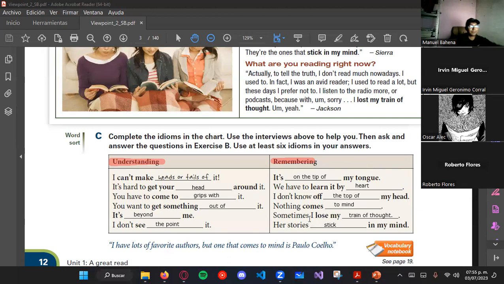Her stories stick in my mind. Se me graban en la mente, se me pegan en la mente. Que las recuerdo muy bien. Sus historias se me pegan en la mente. O sea, las recuerdo muy bien. Porque me gustaron mucho, a lo mejor porque significaron mucho. They mean a lot to me. Or I just like them a lot. So, yes, that's why. Okay?